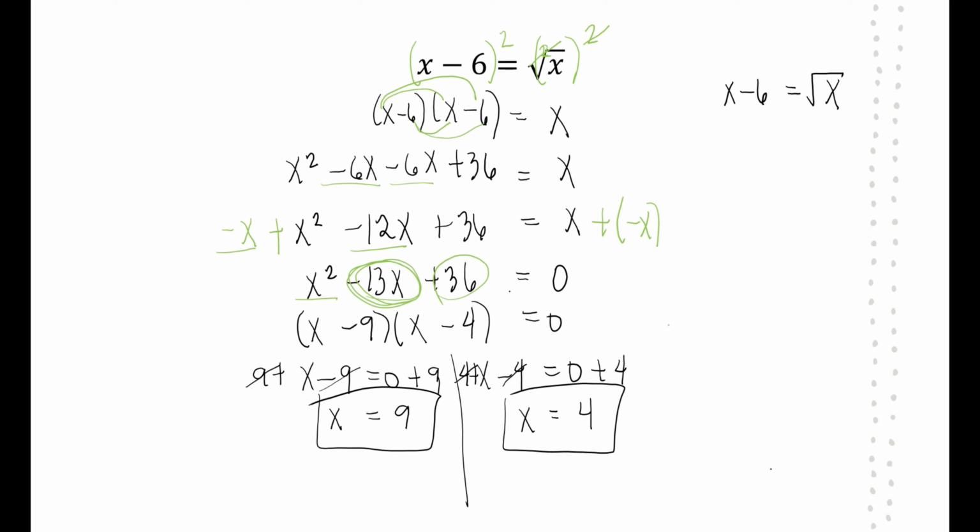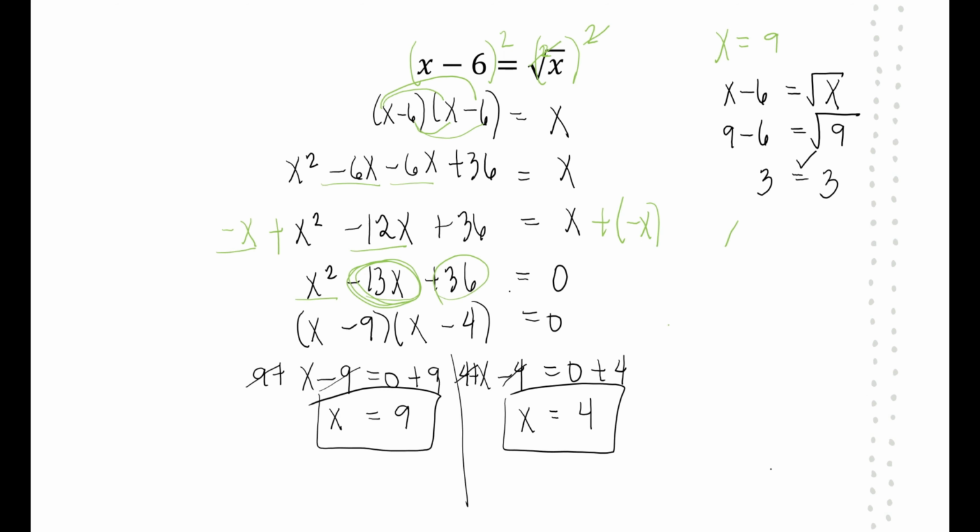So the first value of x is 9, and let us substitute it to our given equation. The x here would be 9 minus 6 equals square root of x, which would be a square root of 9. 9 minus 6 is equal to 3, and square root of 9 is also equal to 3. So the first value, x equals 9, is correct.